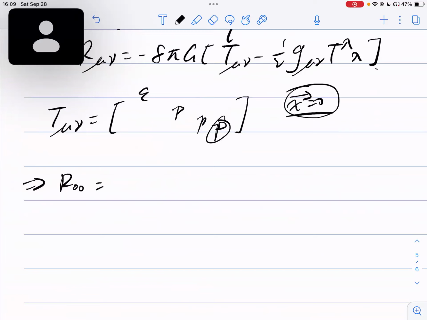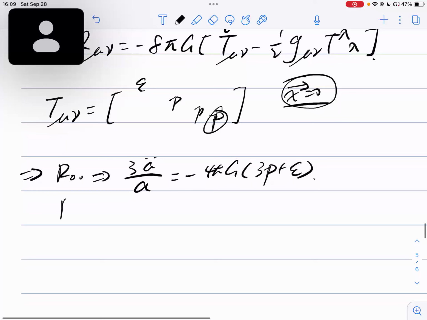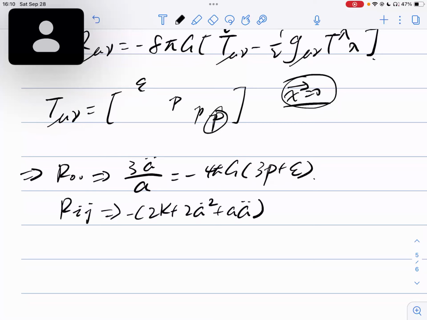Using the time component R00, we obtain 3 a double dot over a equals minus 4 pi G times (3p plus epsilon). And the space components give a double dot plus 2a dot square plus 2k equals 4 pi G a square times (epsilon minus p).